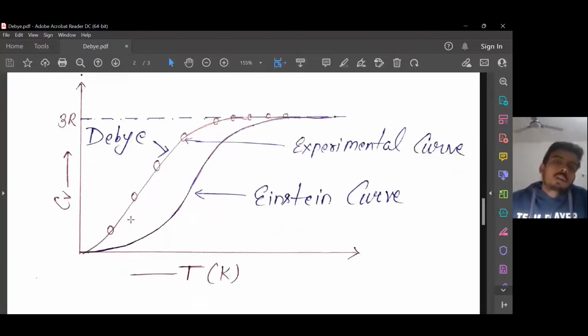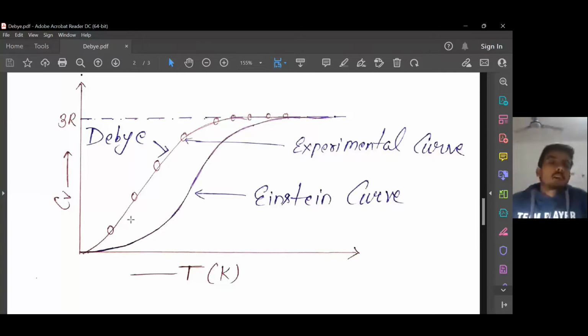So the first shortcoming is that the Debye model basically totally ignores the contribution of specific heat by electrons. That is, suppose I'm giving some energy to a solid, then according to the Debye model, all the energy is used up in lattice vibrations.